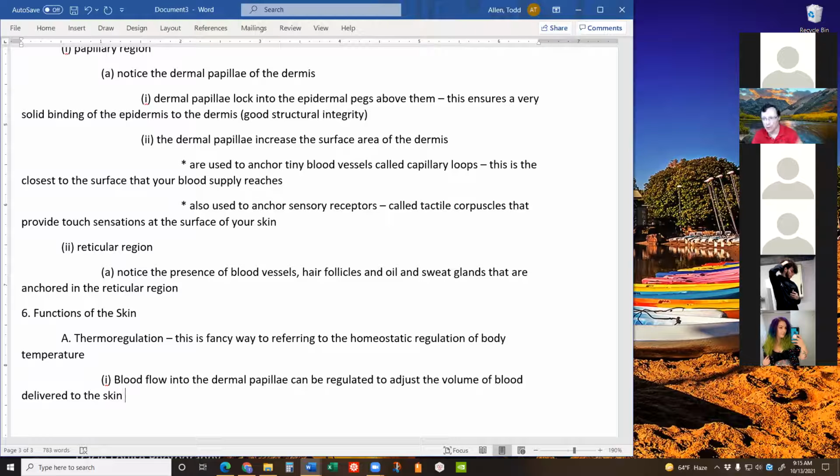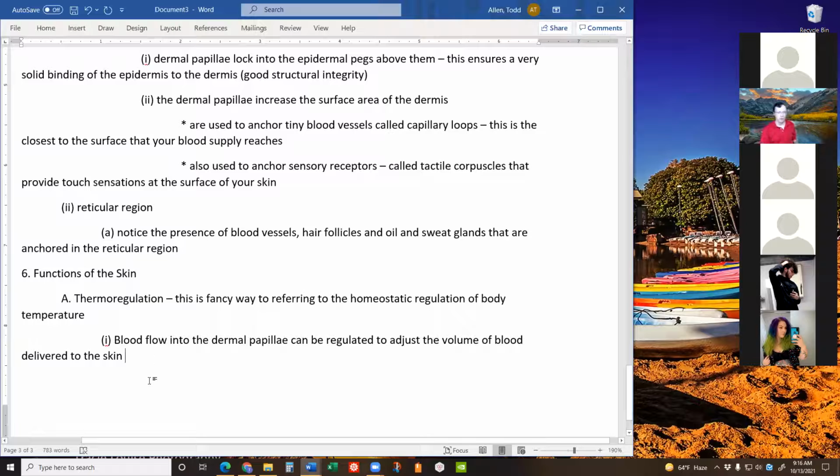So as you control the motion and volume of blood into a piece of anatomy like your skin, you control the amount of heat that goes into or does not go into that piece of anatomy. So blood flow into the dermal papillae can be regulated to adjust the volume of blood delivered to the skin.